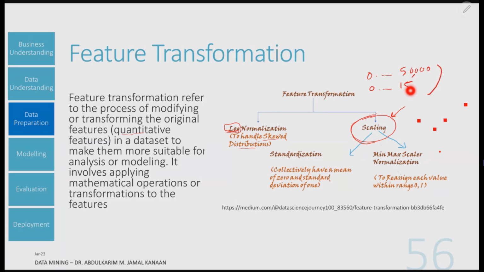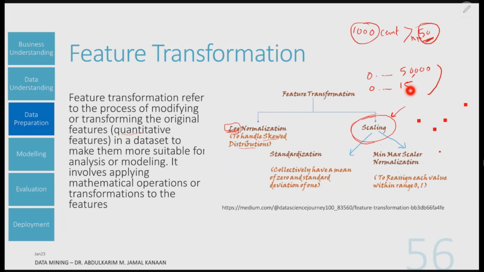So the scale is quite different. And remember the case of your sibling, who might be sensitive in the sense that he may think 1,000 cent is greater than 50 ringgit. Why? Because if he looks only at the value itself, because he doesn't know the context, he may think 1,000 cent is more than 50 ringgit, or 100 cent is more than 50 ringgit.